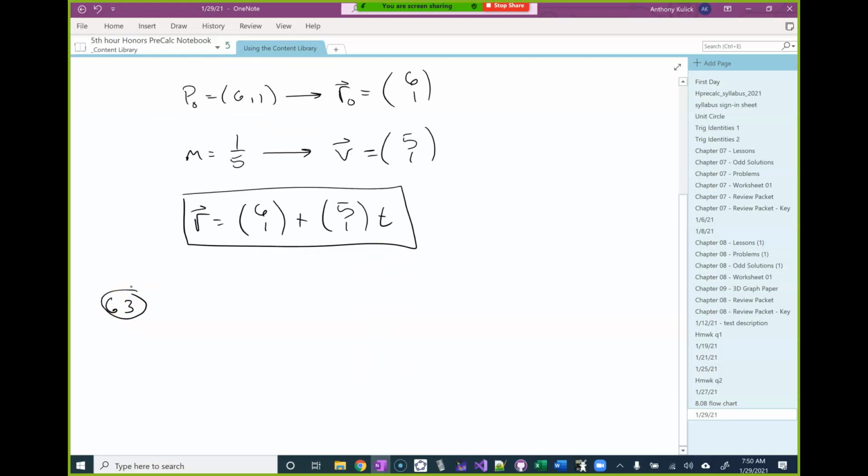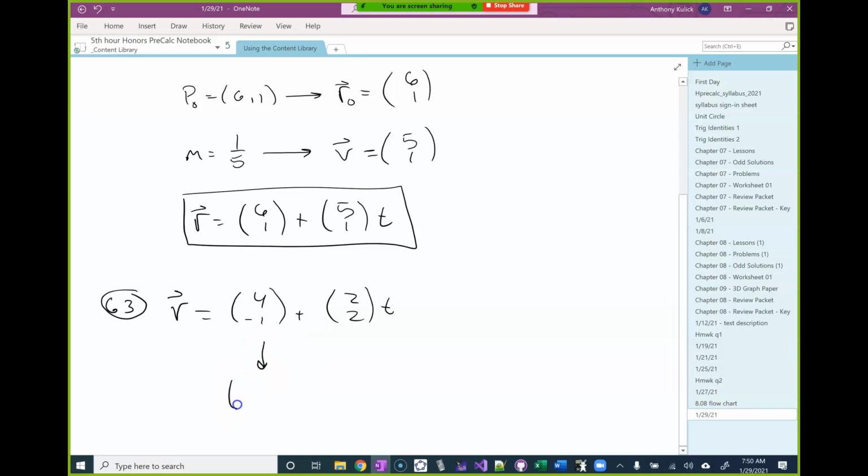So 63 says, find the slope-intercept form for the following lines given as vector equations. So what I'm going to do is I need to get a point and a slope out of this vector equation.